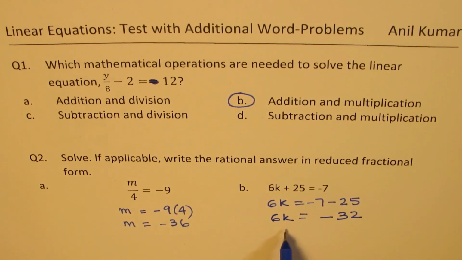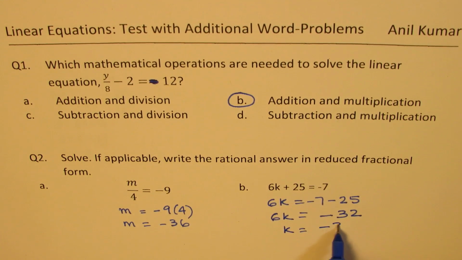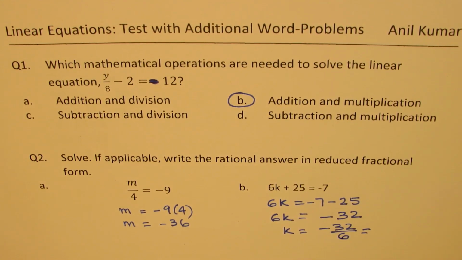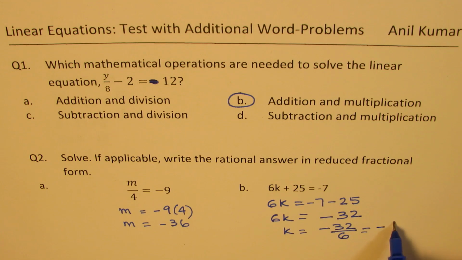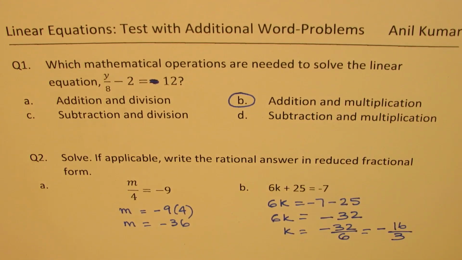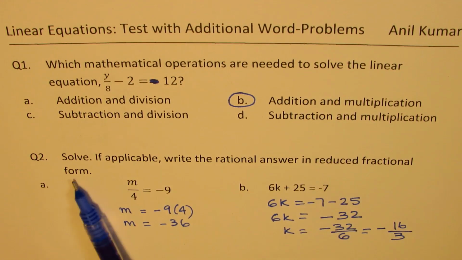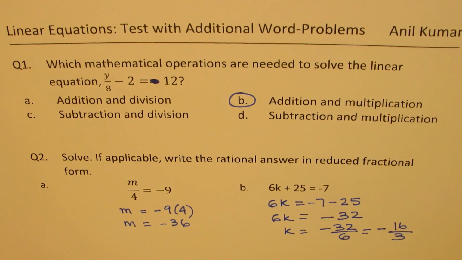Now we can divide by 6. So k equals minus 32 over 6. Both can be divided by 2. So we get minus 16 over 3 as the value of k. Clear? So that is how we can leave this in the reduced fractional form in rational answers.